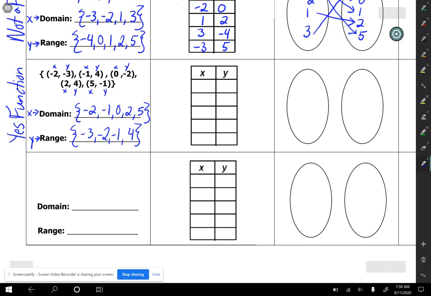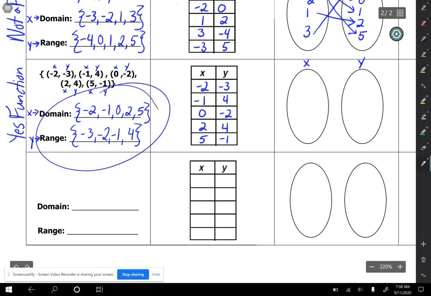Okay, all right, let's put this in a table. So -2, -3; -1, 4; 0, -2; 2, 4; and 5, -1. So if we put this in our mapping, we have our x and y values. I'm going to use the domain and range to write them in order.